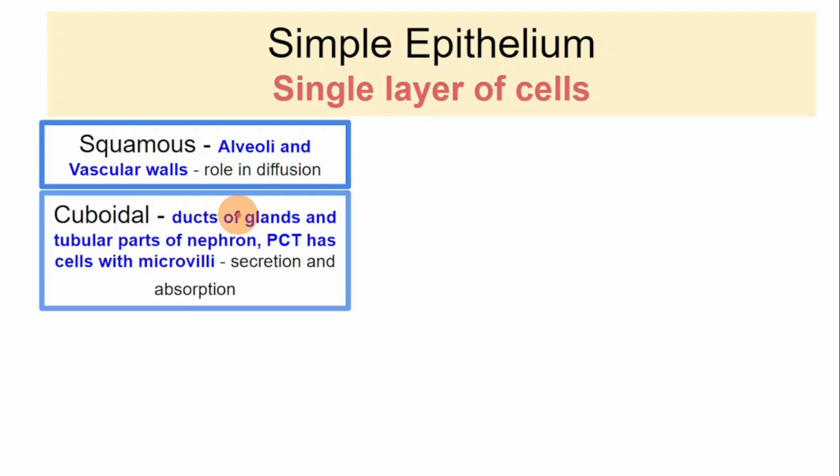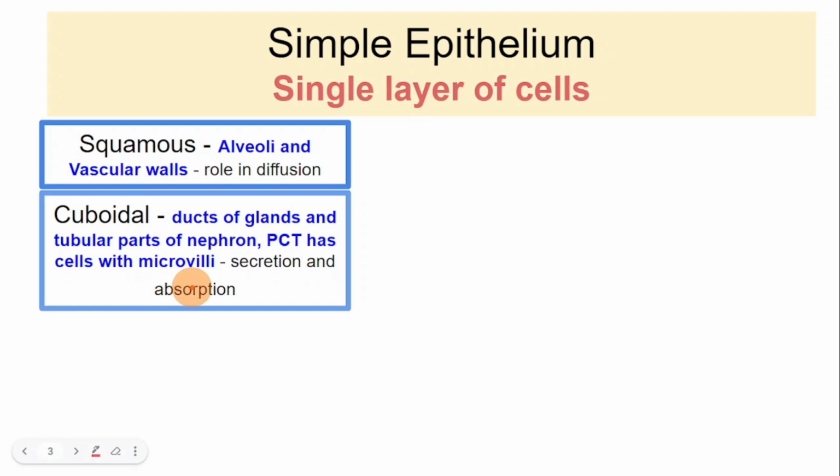Then second one, cuboidal epithelium. As the name suggests, the cells are cube shaped and these are seen in the ducts of glands and the tubular part of nephron. So PCT, proximal convoluted tubule, this is the part of nephron which has cuboidal cells with microvilli.